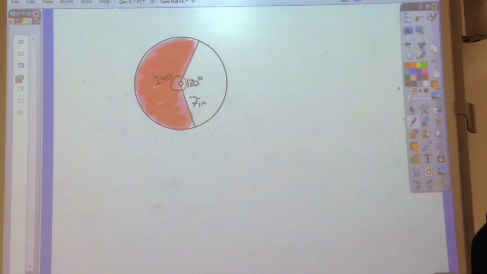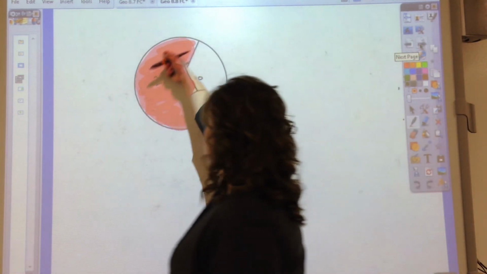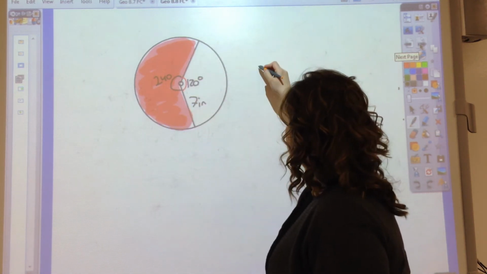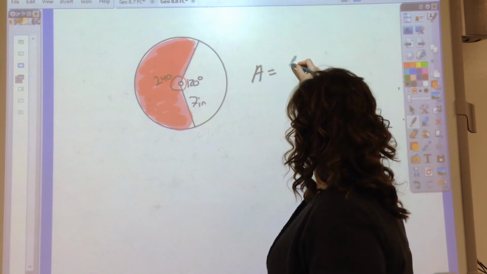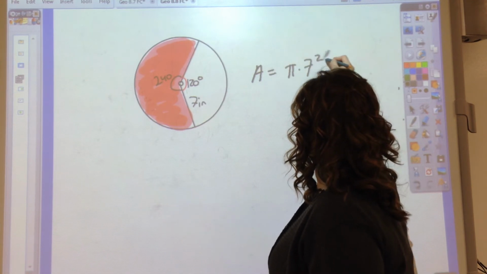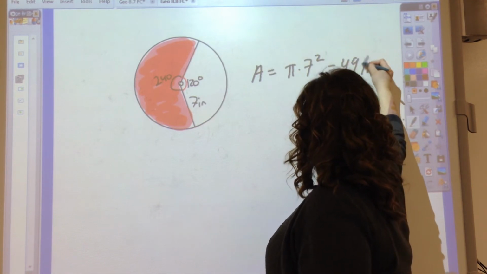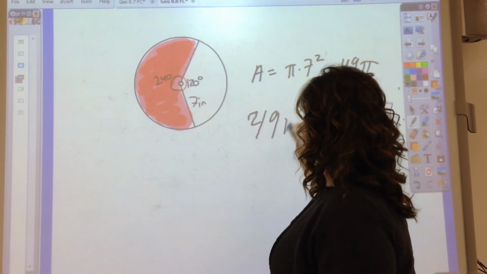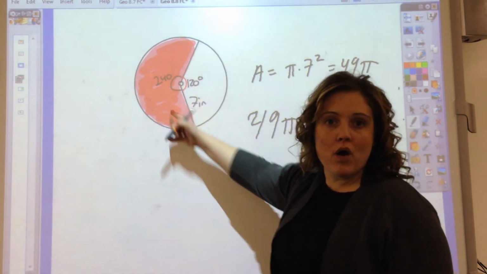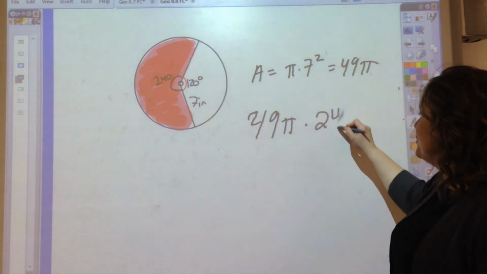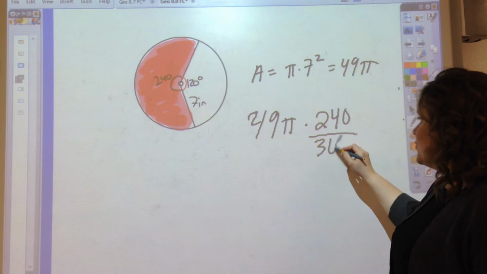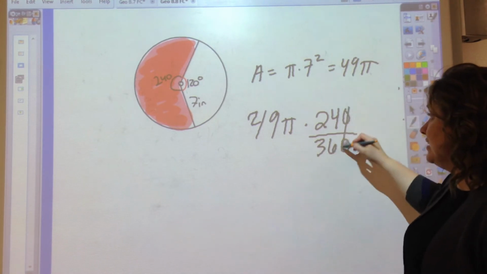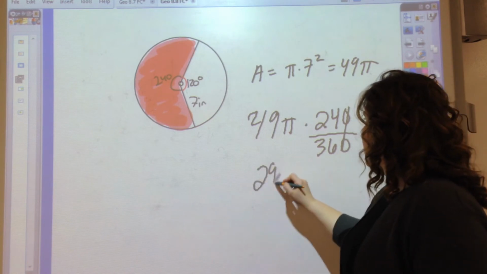All right. How about this red portion? If this red portion is the portion I want, first I'm going to find the area of the whole circle. And then I'm going to multiply that area by the ratio I want. I only want 240 degrees out of 360. And this fraction I could definitely reduce. I could reduce it by 10. And 8.